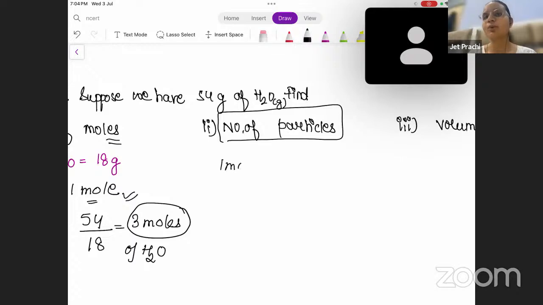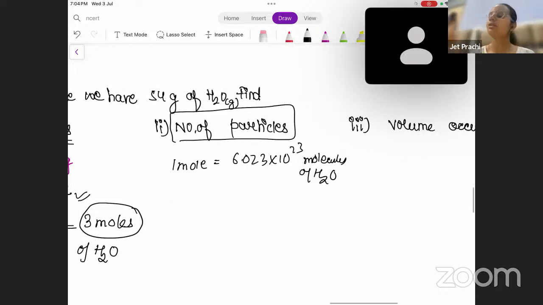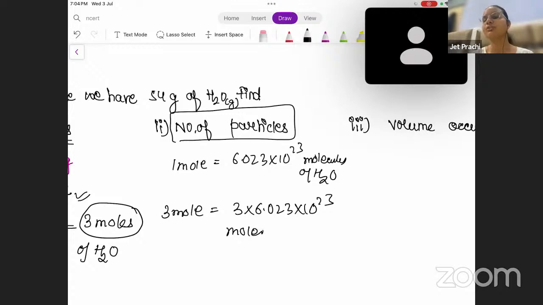In 1 mole, we have 6.023 into 10 raised to the power 23 molecules of water. So now, obviously, in 3 moles, how many particles will we have? 3 into 6.023 into 10 raised to the power 23 molecules of water.